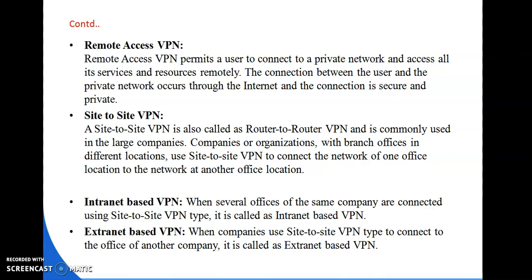But what does extranet VPN mean? When companies use site-to-site VPN type to connect to the office of another company, it is called extranet-based VPN. That means when the different offices of two different companies connect to each other, they are using the extranet-based VPN.